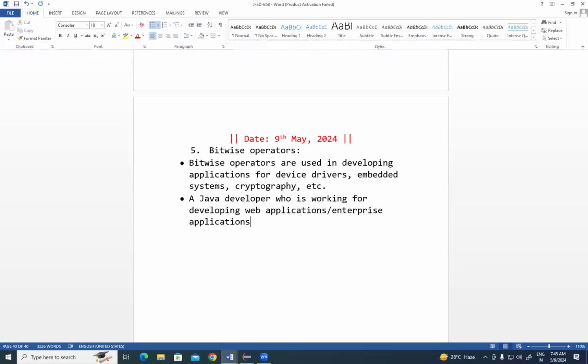Suppose if I created a job portal like Naukri, Monster, Indeed, like that. Suppose I also developed one job portal application. Then my job portal application is a web application. It is what kind of application then? Web application.